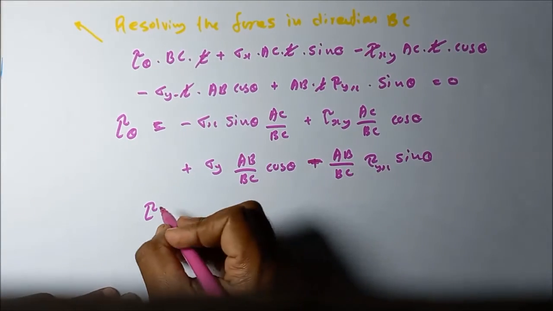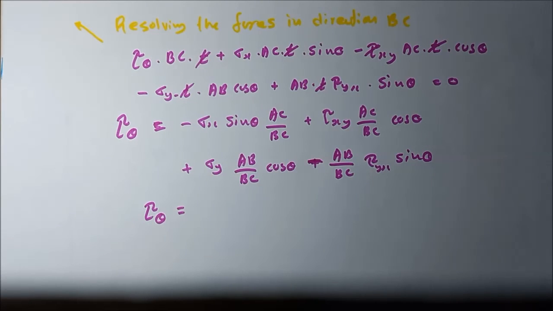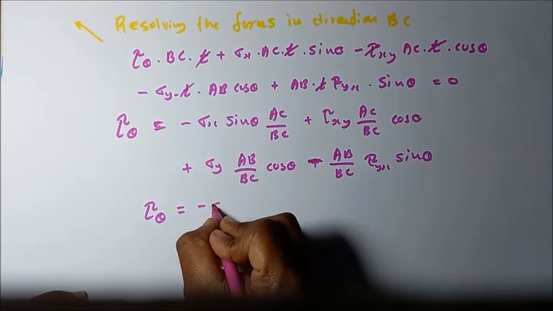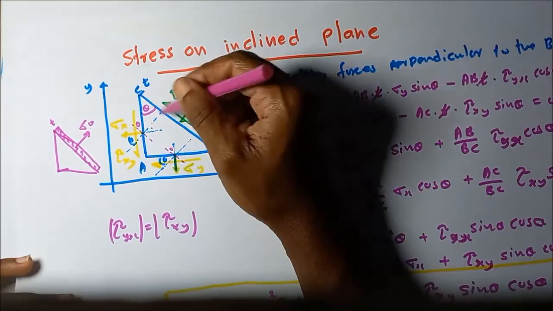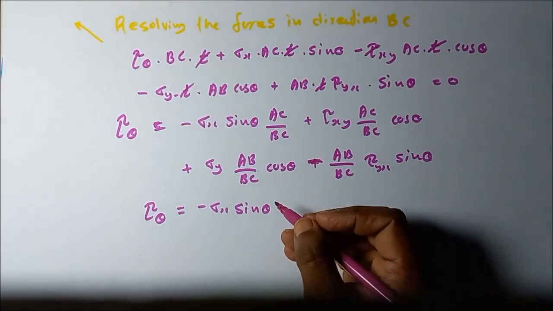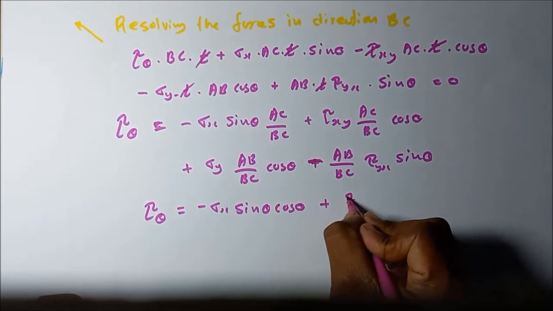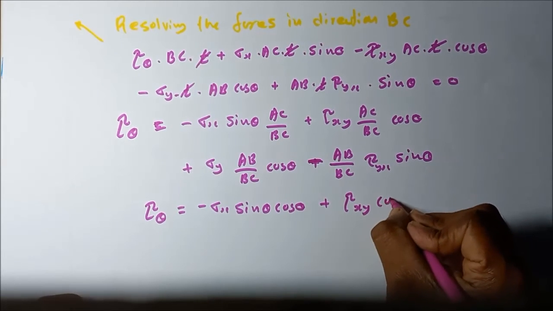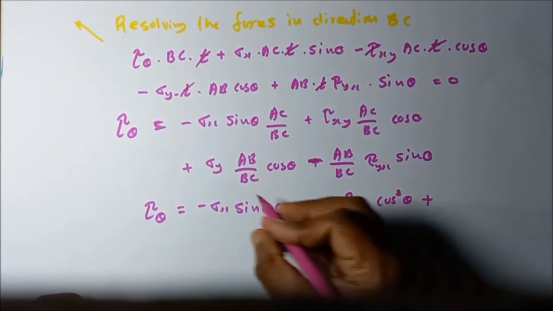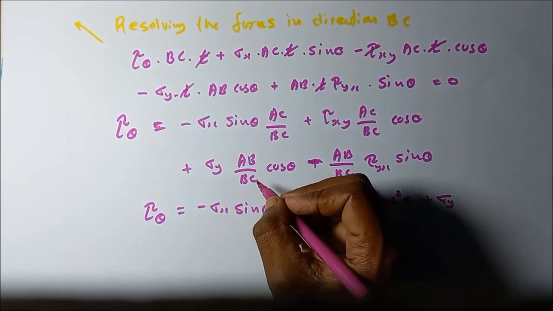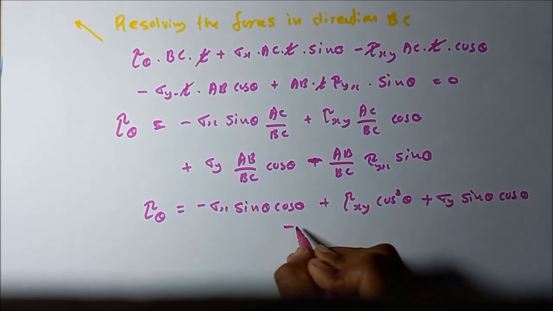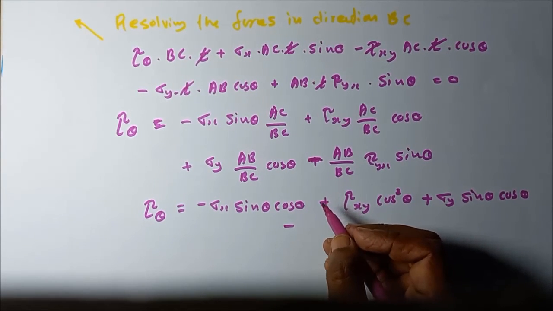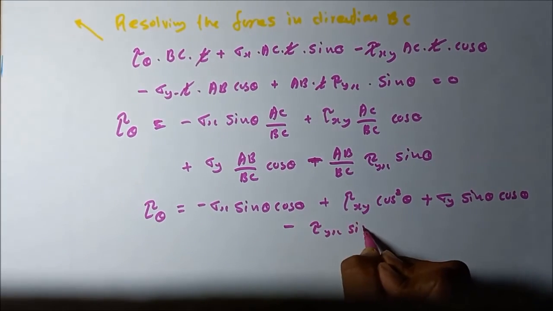Then tau theta is equal to minus sigma x sin theta cos theta, according to the diagram AC divided by BC is cos theta, plus tau xy cos square theta plus sigma y sin theta cos theta minus AB divided by BC sin theta tau yx sin square theta.